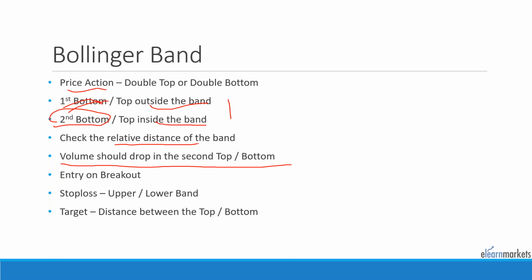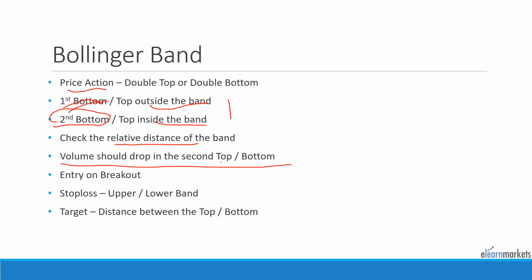If the distance between the price and the band is increasing in the second bottom or top, then there exists a volatility divergence. If the distance is not increasing between the price and the band, then there is no volatility divergence and you will avoid it.